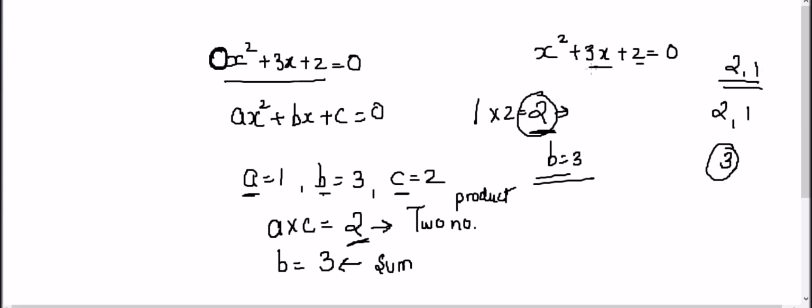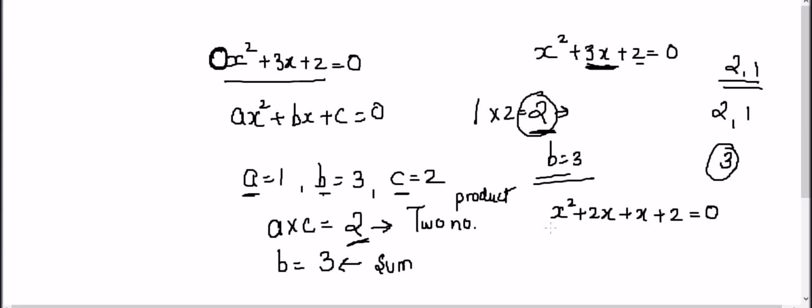So I have to split this middle term. I'll write x squared plus 2x plus x plus 2 equals 0. You need to split the middle term. Why are we splitting the middle term? So that we can make the pairs. We have 4 terms and can make the pairs.